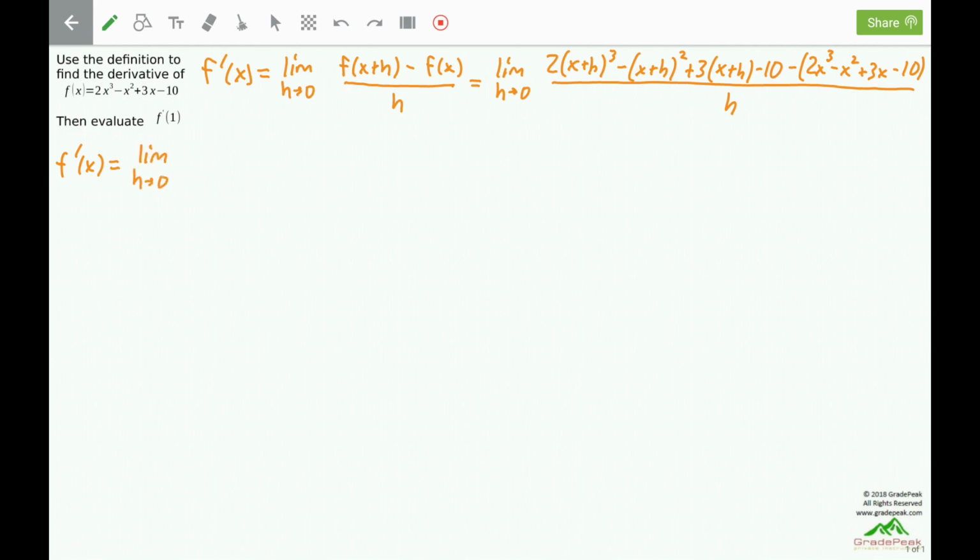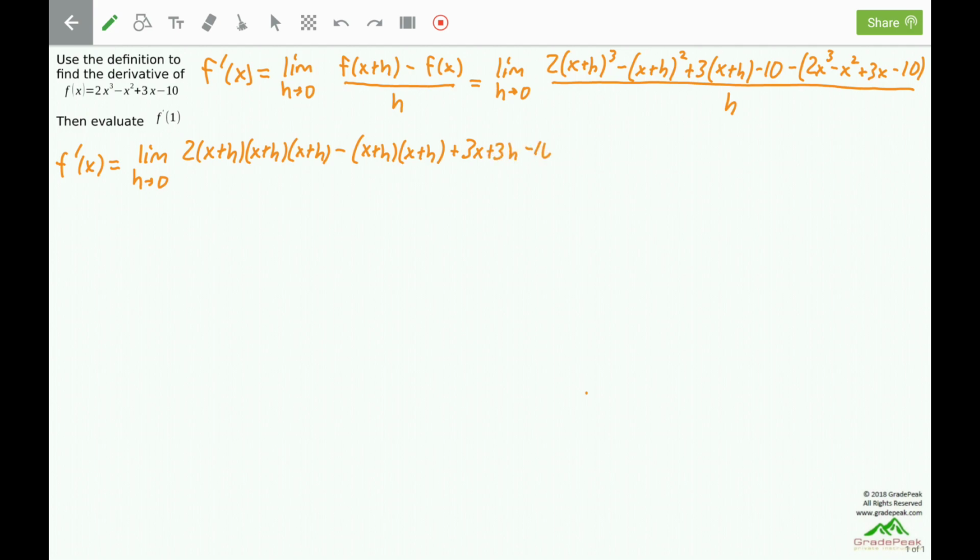So we need to expand 2 times x plus h cubed. Well, that will be 2 times x plus h times x plus h times x plus h, minus x plus h squared, which is an x plus h times an x plus h, plus 3 can distribute into the x plus h, and that'll give us a 3x plus 3h.